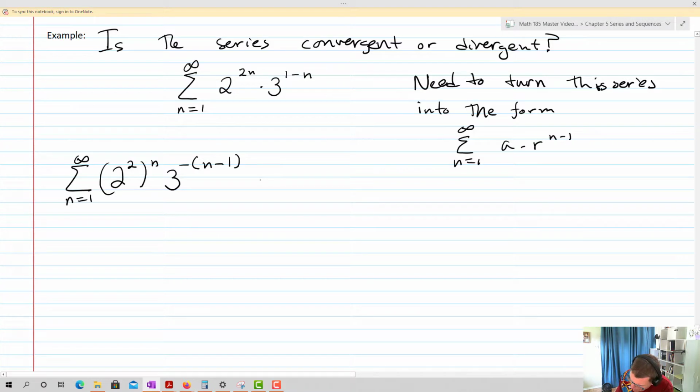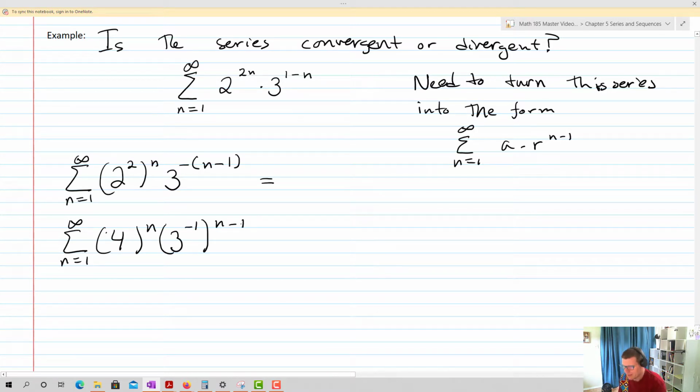If I rewrite this now, this gives me the sum n equals 1 up to infinity of 2 squared, or rather 4, to the n, and this will then be 3 to the negative 1, to the n minus 1. So we just utilize our rules of powers in order to do something like that.